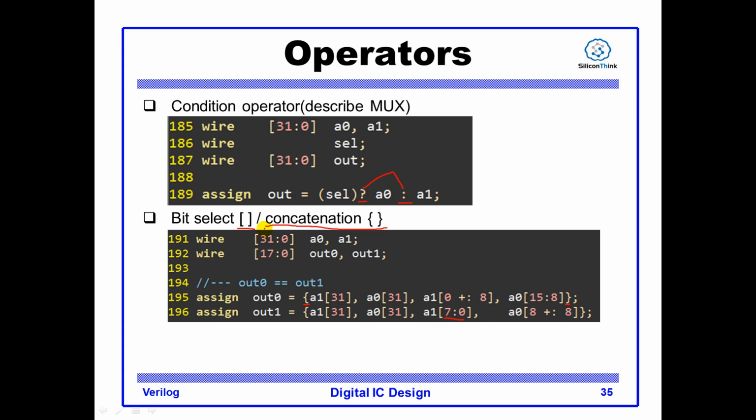And for bit selects, please note this symbol. It means select from bit 0 and select 8 bits in total. This is from bit 8 and totally select 8 bits. So the two get the same result and the two get the same result.